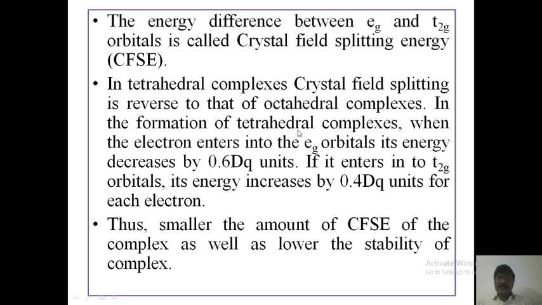When an electron enters the Eg orbitals, its energy decreases by 0.6 Dq units. If it enters the T2g orbitals, its energy increases by 0.4 Dq units for each electron. Thus, the CFSE of the complex is smaller and the stability of the complex is lower when compared to octahedral complexes.